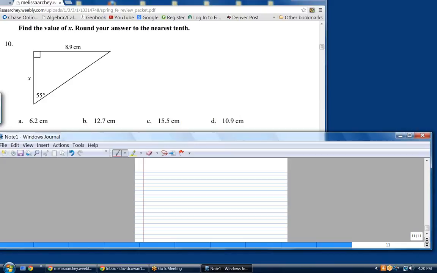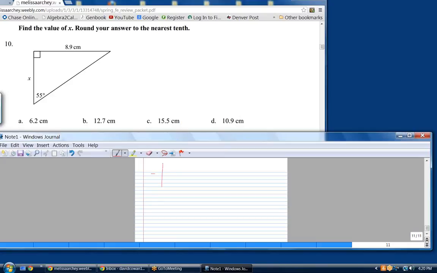Okay, let's find the value of x. Again, we don't have a 30-60 or a 45-45 triangle, so we're going to have to use trig. So it would be, again, tangent, wouldn't it? Okay, so tell me what to write.